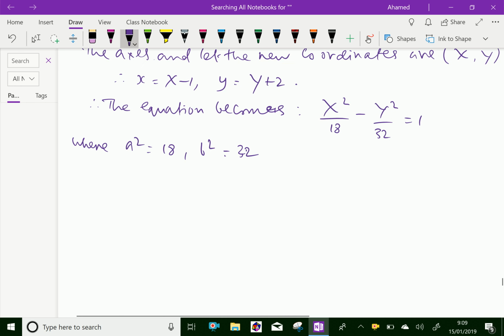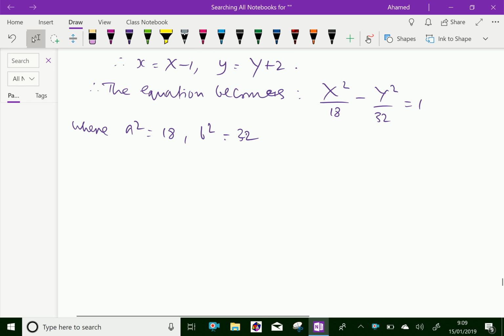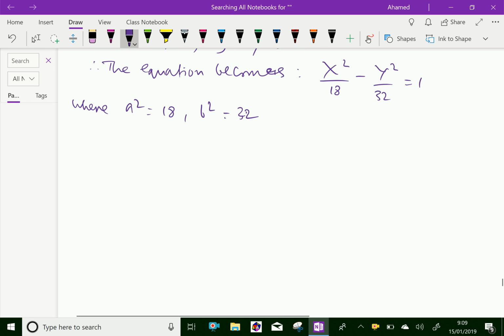Now here our equation has become X square over a square minus Y square over b square equal 1.